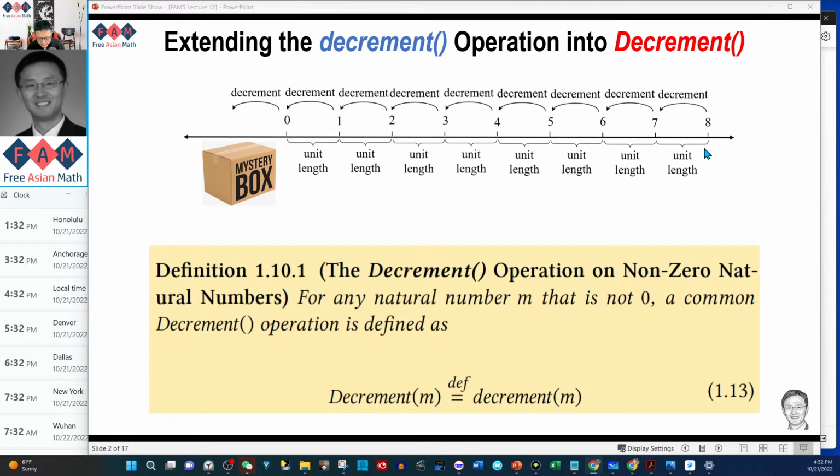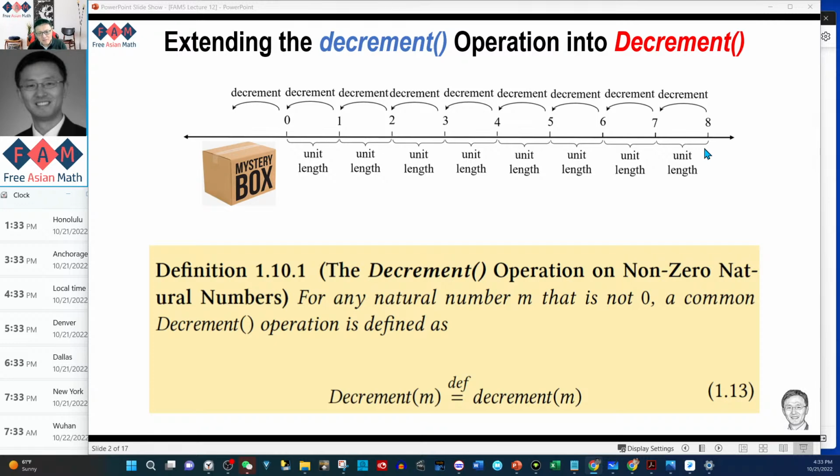So we were motivated to solve the problem by first extending the decrement operation, which, as we discussed earlier, is the inverse operation of increment.